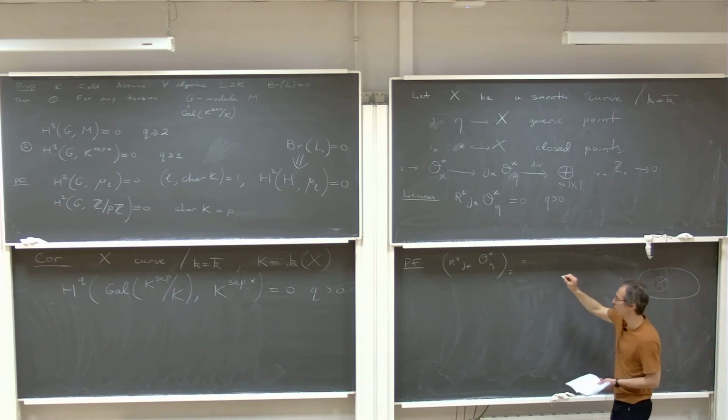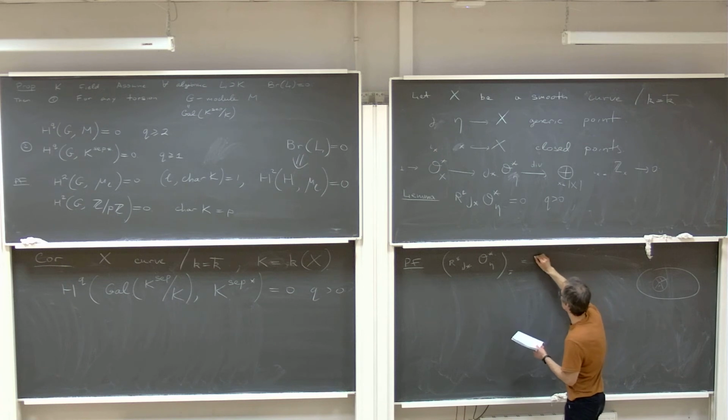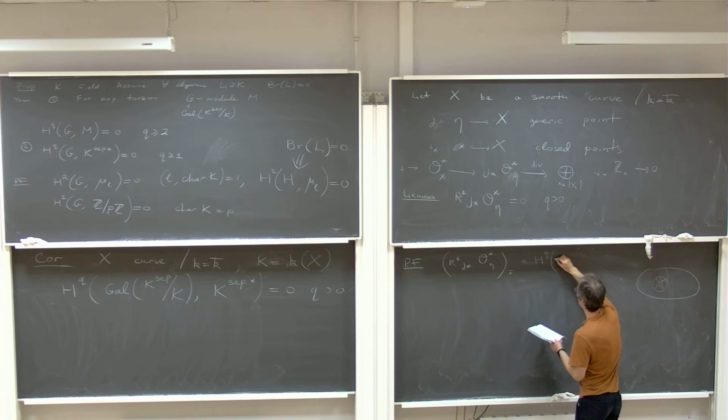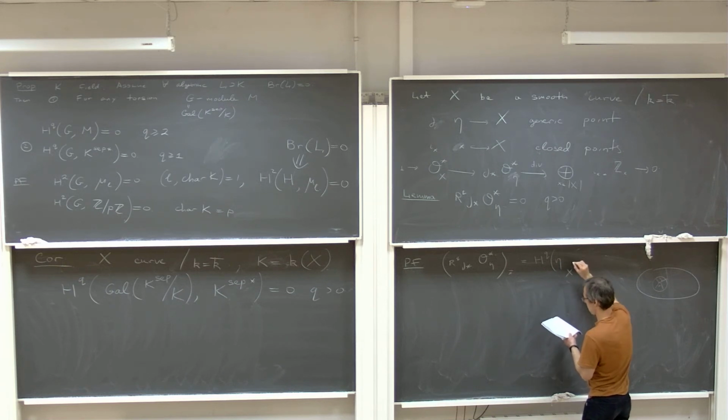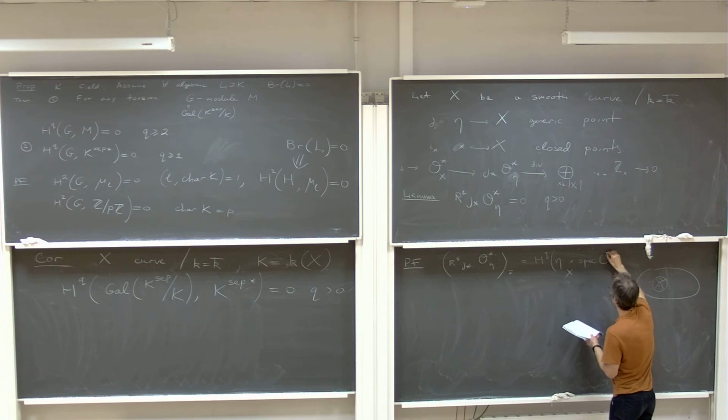So I will write formally what it means. It's H^q of eta, where eta is a scheme over X, times Spec of the strict generalization.